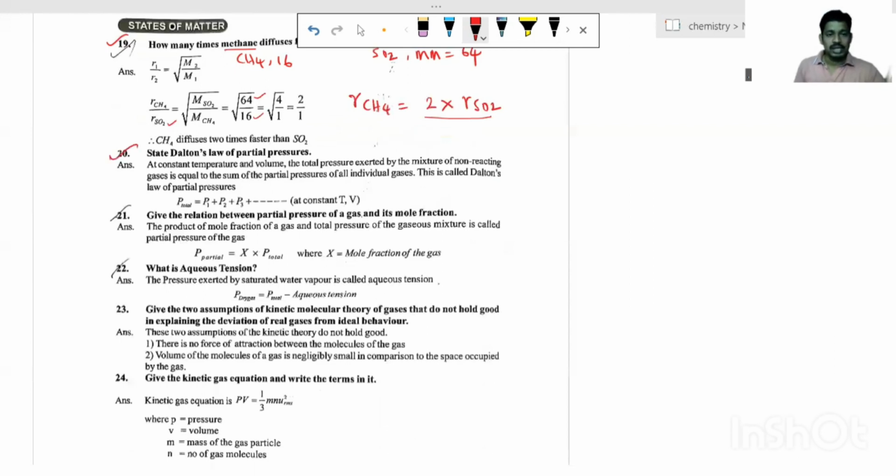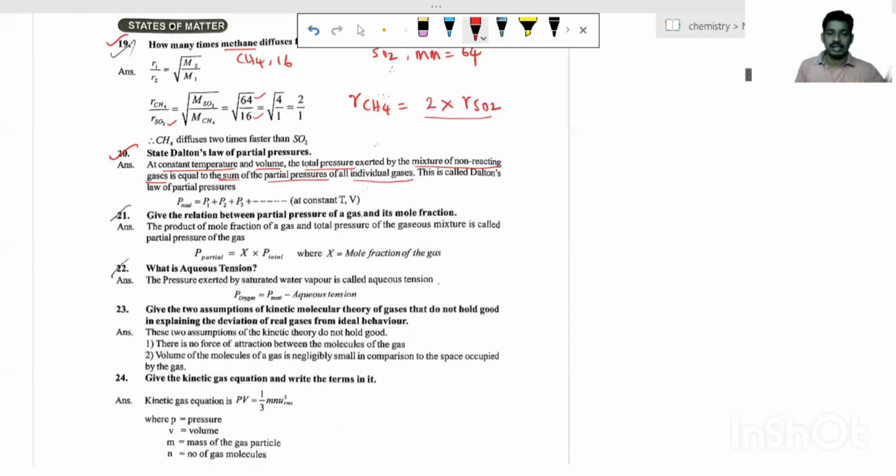Next, state Dalton's law of partial pressures. At constant temperature and volume, the total pressure exerted by a mixture of non-reacting gases, this is a very important point, that is non-reacting gases, is equal to the sum of the partial pressures of all the individual gases.